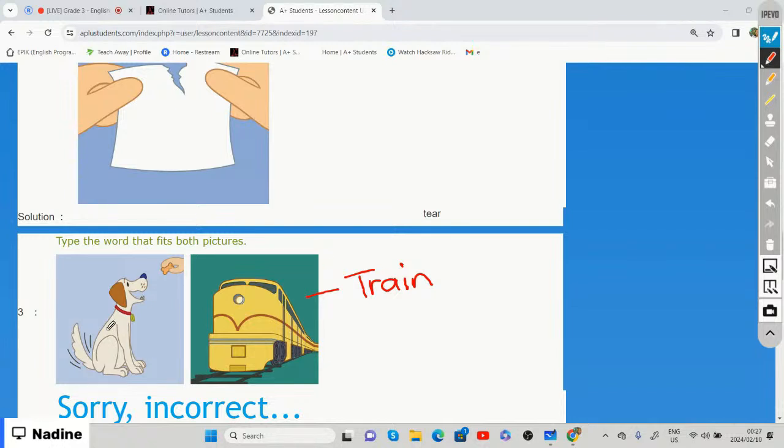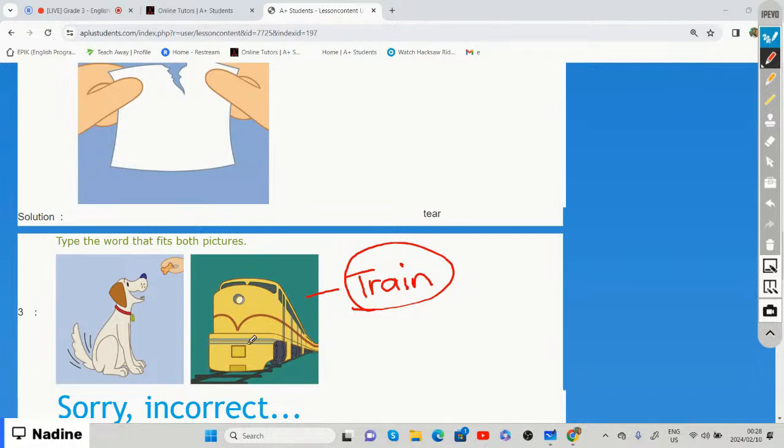And if we look at the puppy, right? If you are teaching a puppy how to sit and how to do certain things and how to do tricks, then what do we call that? We also call it training, right? Which means that you are training your puppy to sit, you're training your puppy to do his or her business outside, you're training your puppy to do a lot of different things.